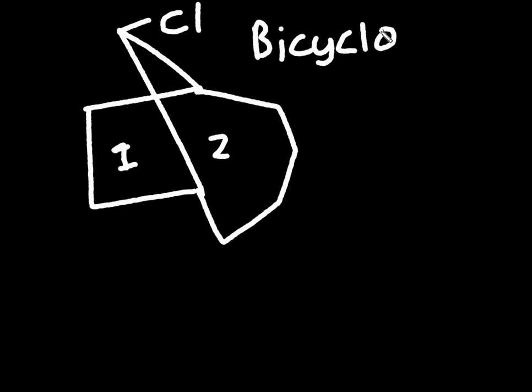So now again, excluding these carbons here, these are called bridge carbons, by the way. We do not count those. So for this side, we have 1, 2, 3, 4. On this side, we have 2. And then we have 1 carbon up there. So that would be 1.